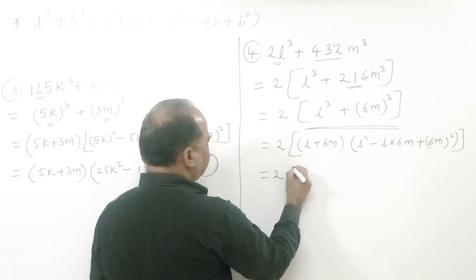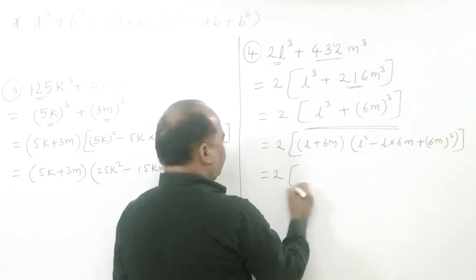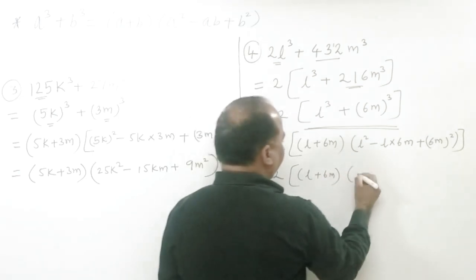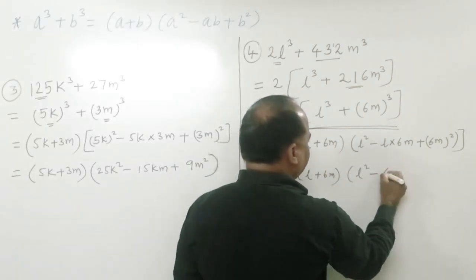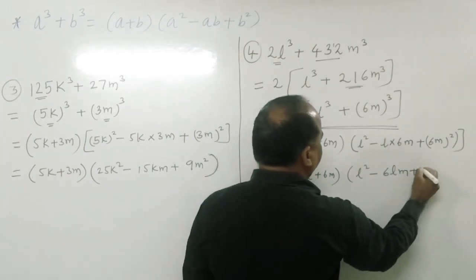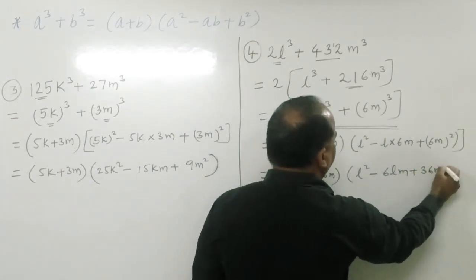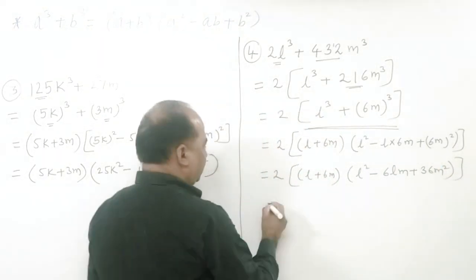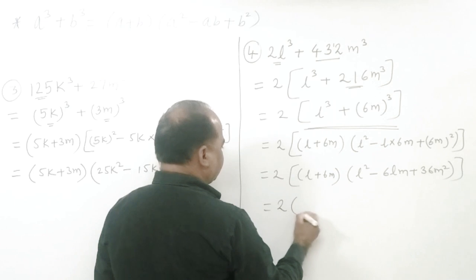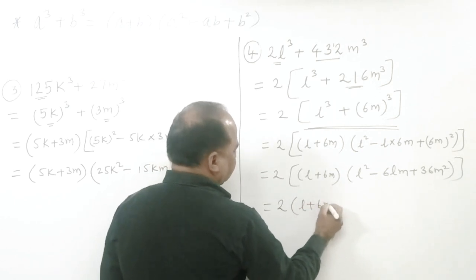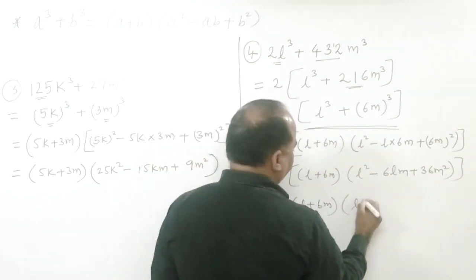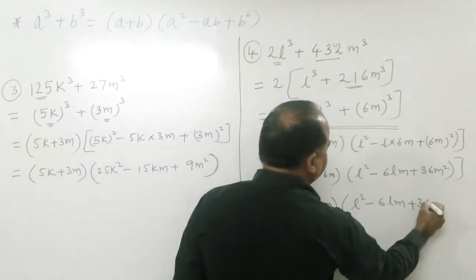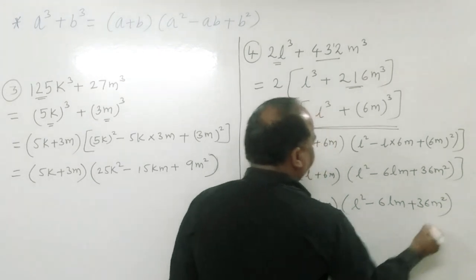Now 2 times, for the first bracket l plus 6m, in the second bracket l square minus 6lm plus 36m square. Close the bracket. So the answer is 2 times l plus 6m, second bracket l square minus 6lm plus 36m square.